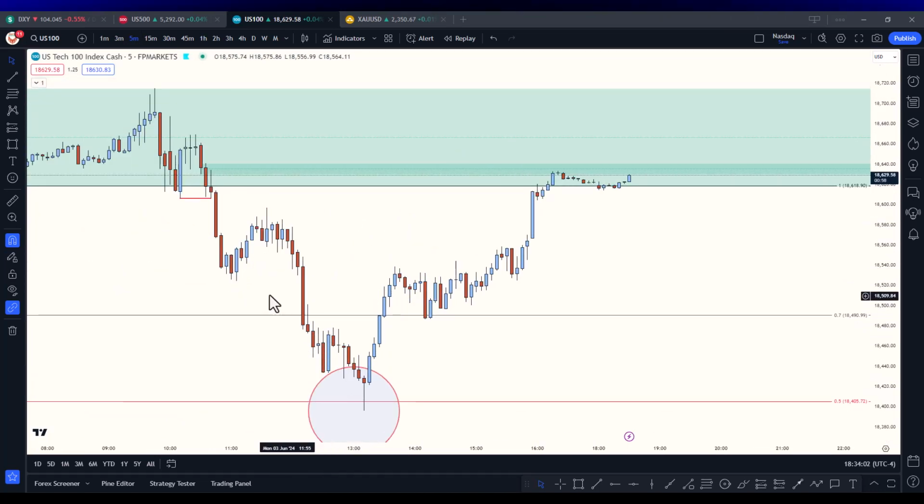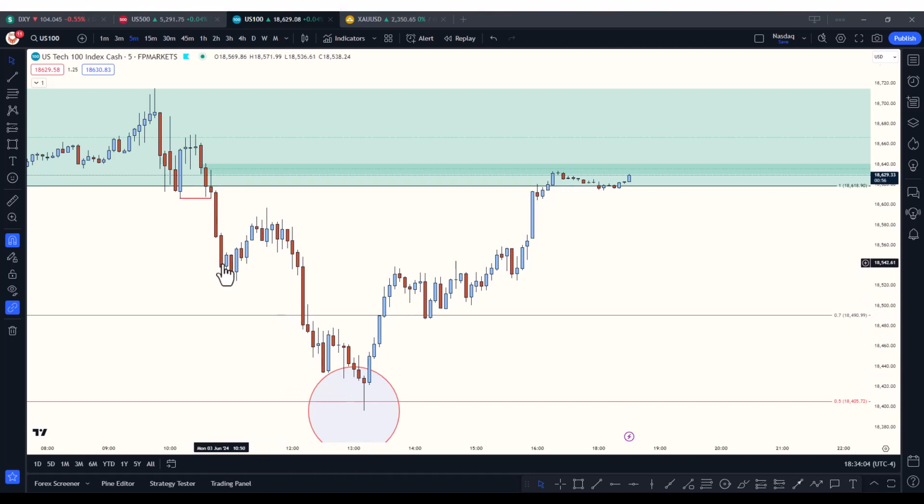I took off everything here. Then started going short here, taking closing trade here, going short here, closing trade here, going short here, and closing trade here.